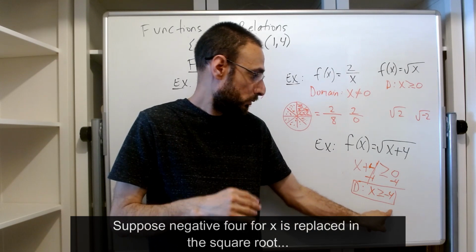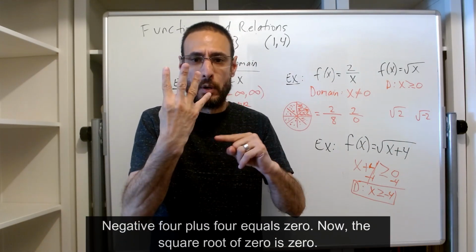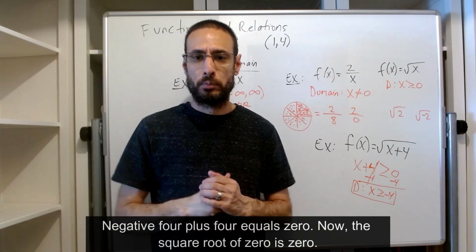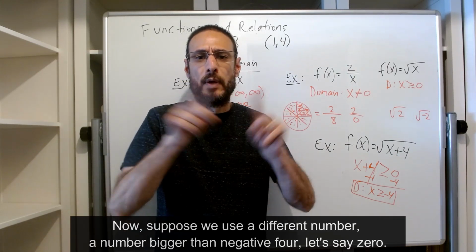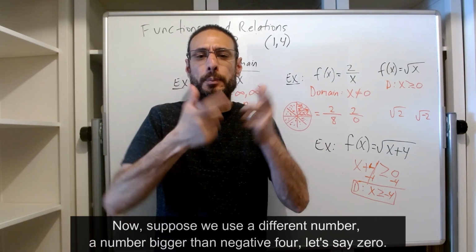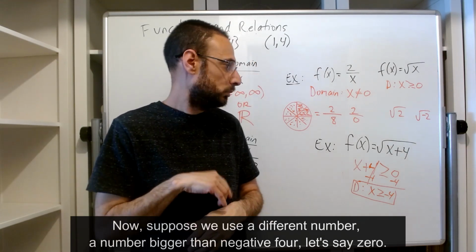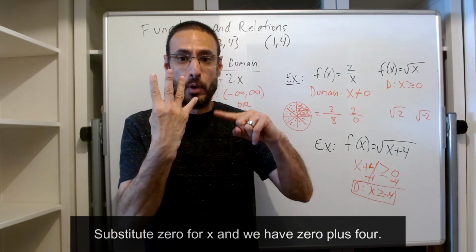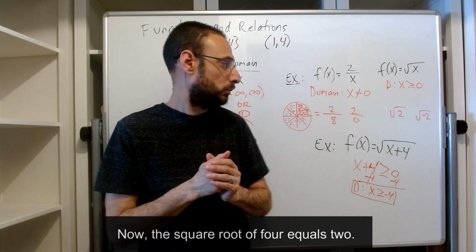Suppose -4 for x is replaced in the square root. -4 plus 4 equals 0. Now, the square root of 0 is 0. Now, suppose we use a different number, a number bigger than -4, let's say 0. Substitute 0 for x and we have 0 plus 4. Now, the square root of 4 equals 2.